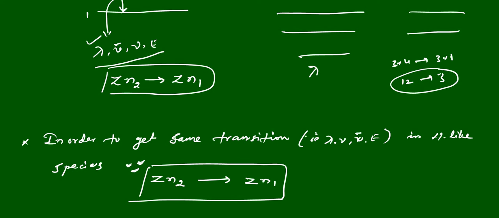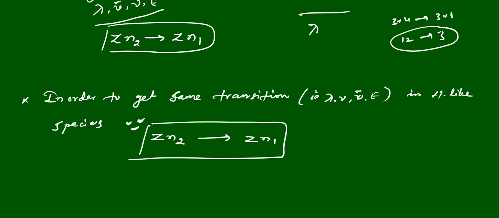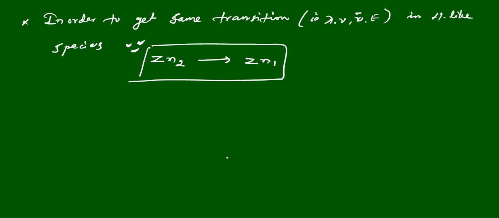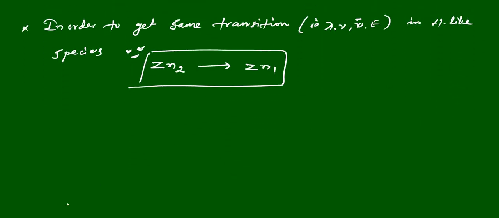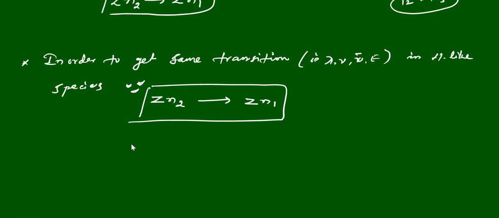Sometimes what they give is, in case of hydrogen, a basic example. What is the Z? Z is nothing but the atomic number.